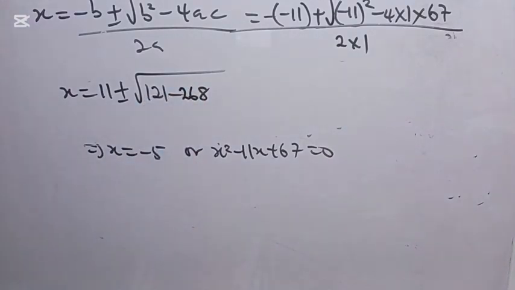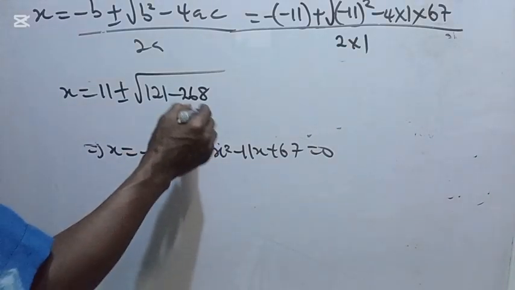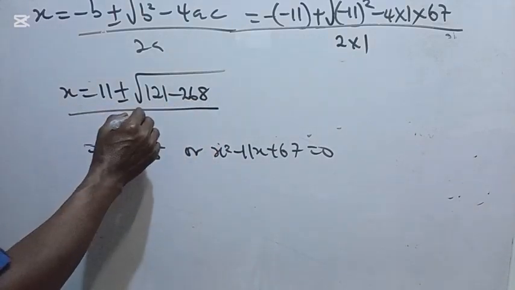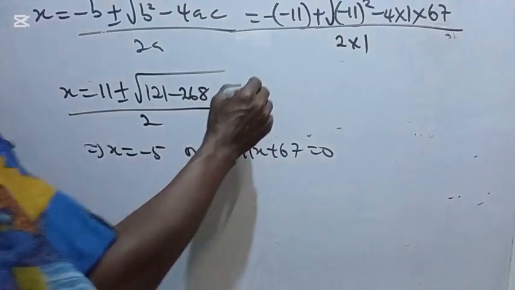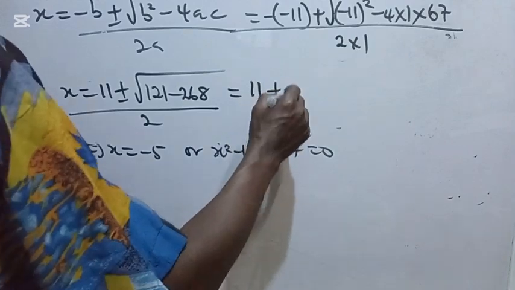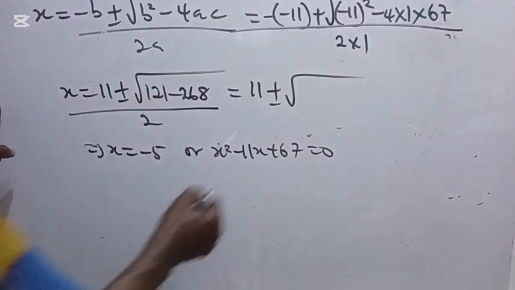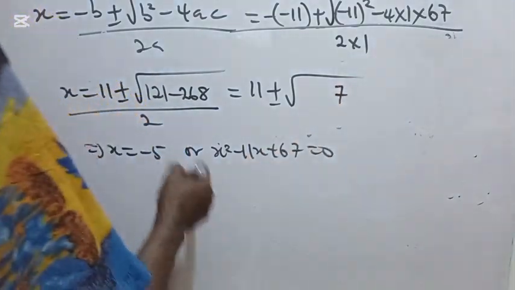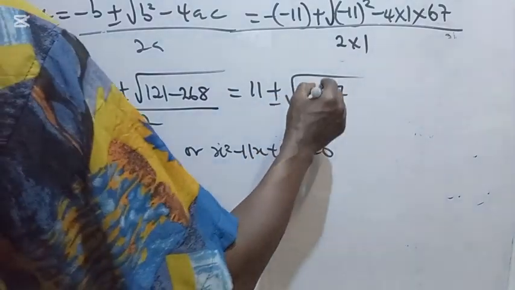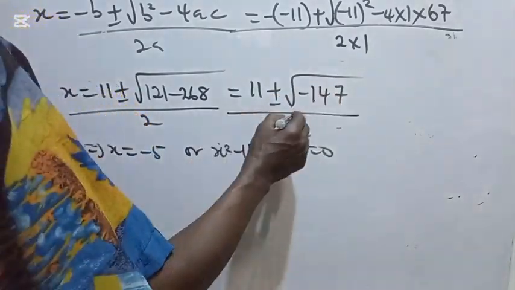That's 268, yes, that's 268, all over 2. Which implies 11 plus or minus square root of, if you subtract 121 from 268, let's check, that is 147, minus 147, everything all over 2.